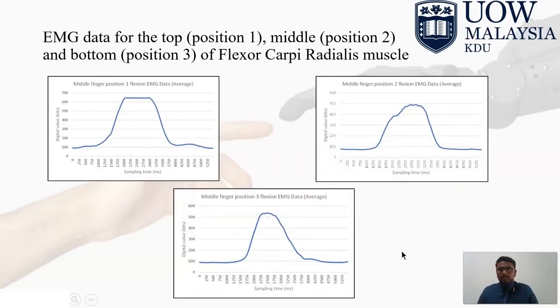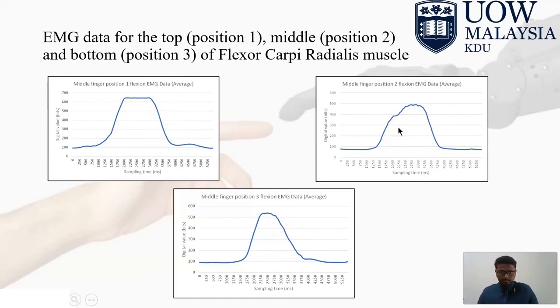Now, as for the EMG data collected for the middle finger, it is placed at the top, which is position 1, middle, which is position 2, and bottom, which is position 3 of the flexor carpi radialis muscle. In position 1, which is the top part, it is above 650 data bits.